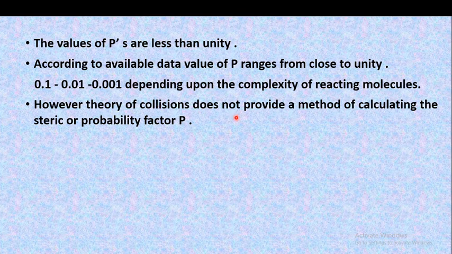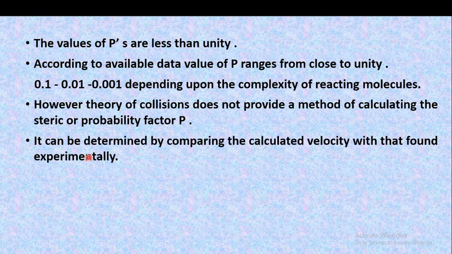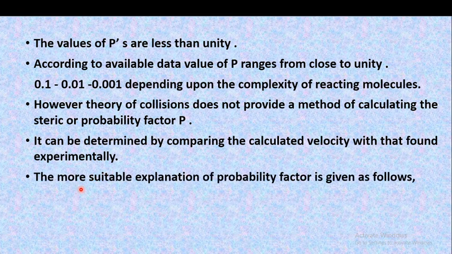However, the theory of collisions does not provide a method of calculating the steric or probability factor P. It can be determined by comparing the calculated velocity with the experimental velocity. A more suitable explanation of the probability factor is as follows.